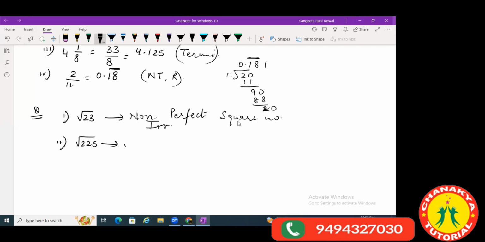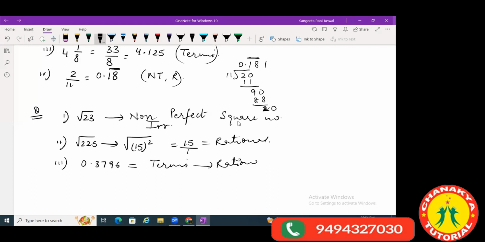We can see that 225 is the square of 15. 15 is a rational number, so that's rational. Then you have 0.3796. When you have terminating digits, that means this is terminating, so this is rational.